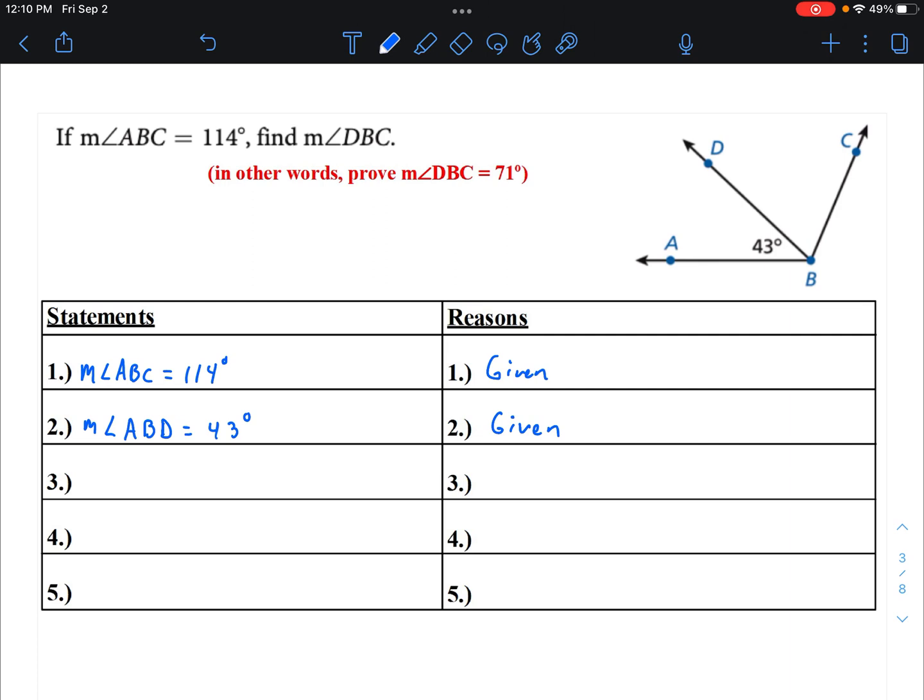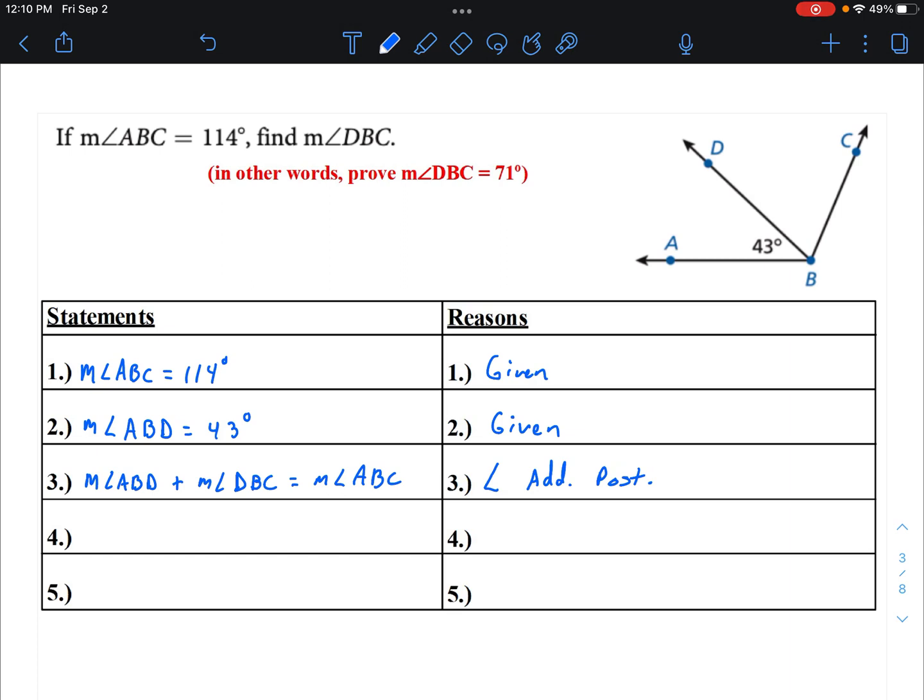So I'm thinking that's angle addition postulate, and what that would look like in this picture is it would say measure of angle ABD plus the measure of angle DBC equals the measure of angle ABC. And the reason I know that is the angle addition postulate.